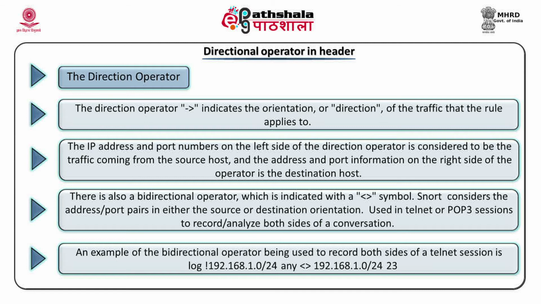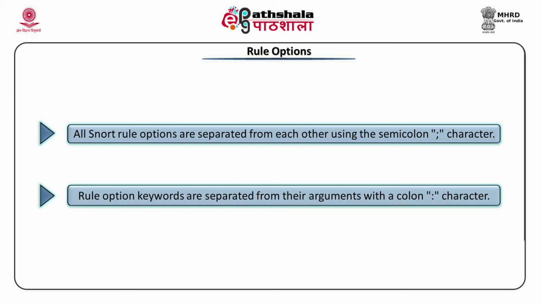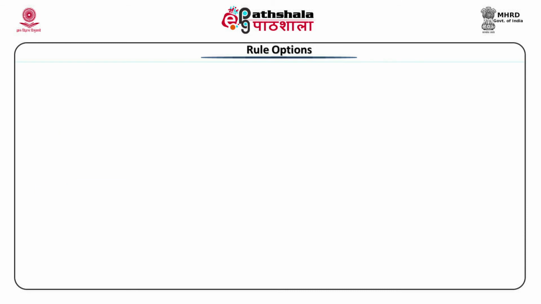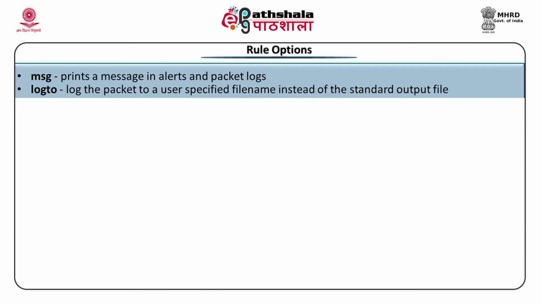It says that the traffic is bidirectional, usually useful in telnet or POP3 sessions. So 23 is telnet. So log the packets which are not originating from the internal network to the internal network with a destination port of 23, and in the reverse direction also, originating from telnet through the internal network and going to the outside network. In this case we can have bidirectional data.